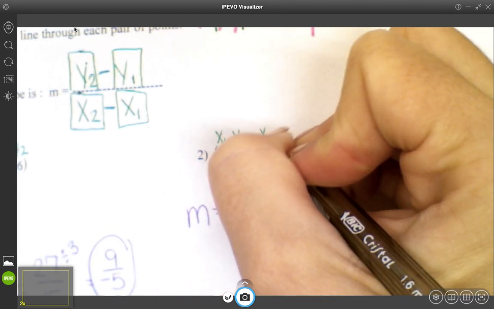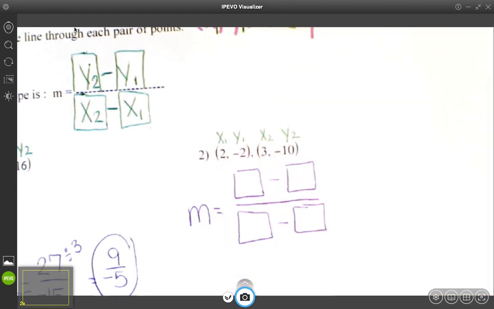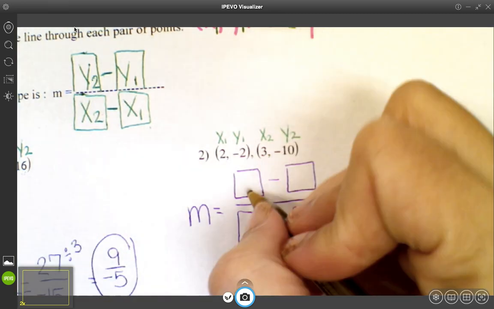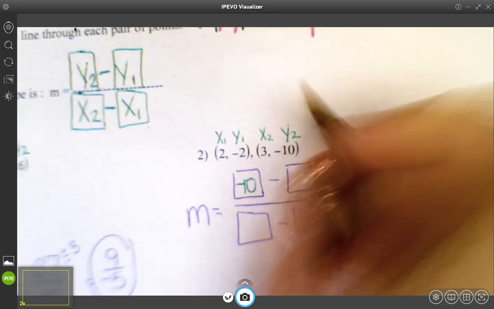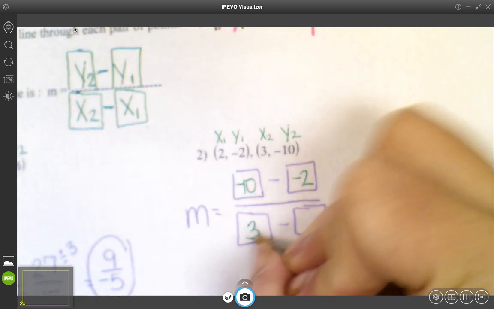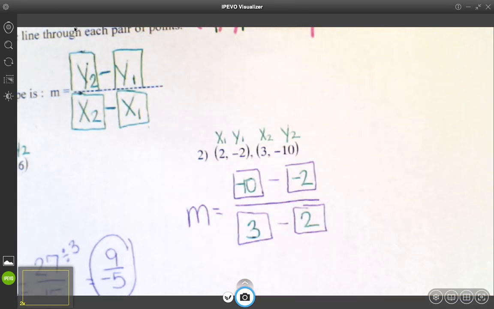This is x2 and y2. So my first point is 2, negative 2, and my second point is 3, negative 10. So we are going to plug in what we know. So the top number, y2 is my first number, negative 10. y1 is negative 2. x2 is 3, and x1 is 2.